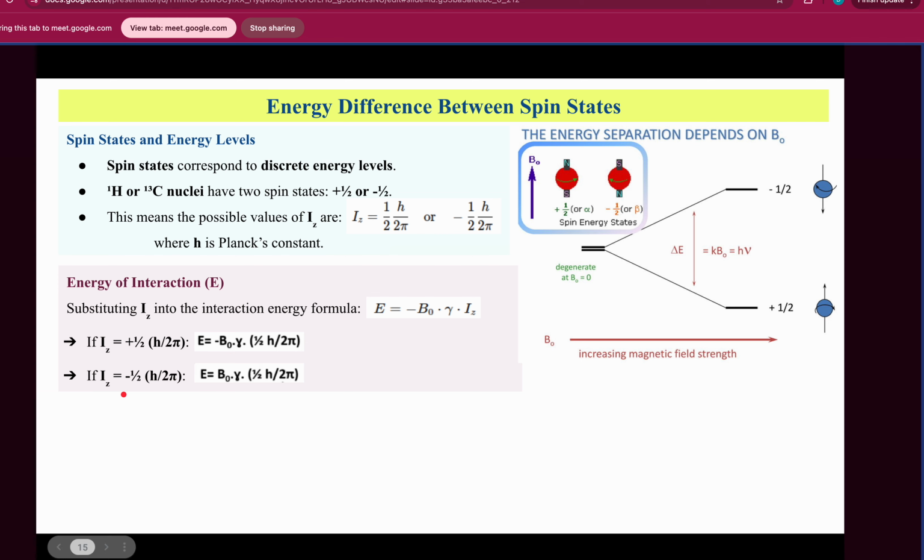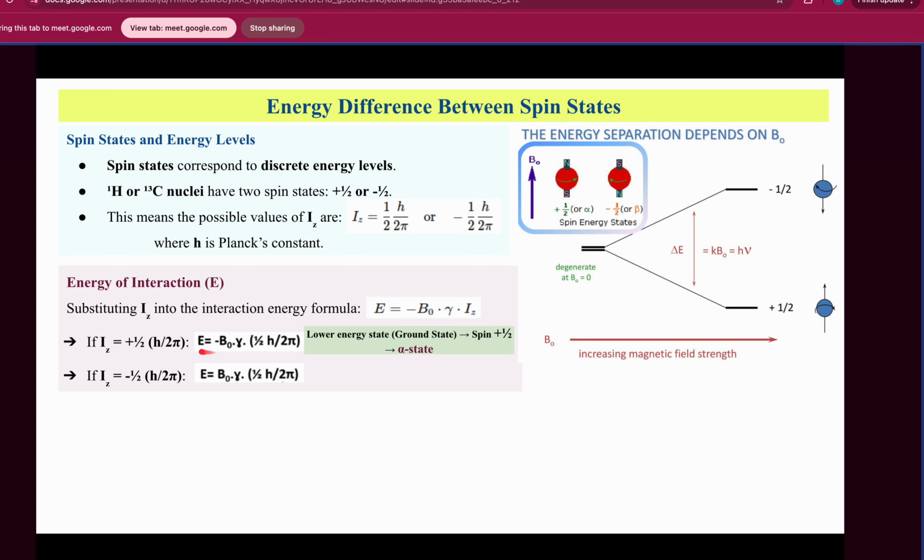And if we add the negative spin value, that is the negative state, which is the high energy state, then the energy will be B naught gamma half h by 2 pi. Because in the formula we have negative B naught, in the positive state the energy of interaction is negative, whereas in the negative spin state the energy is positive. So this is just substituting the value into the equation.